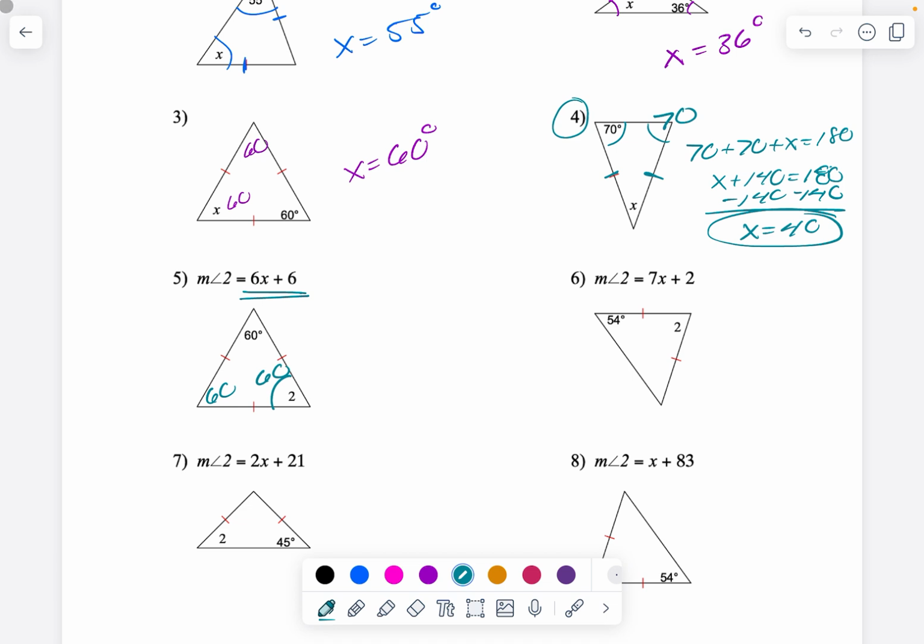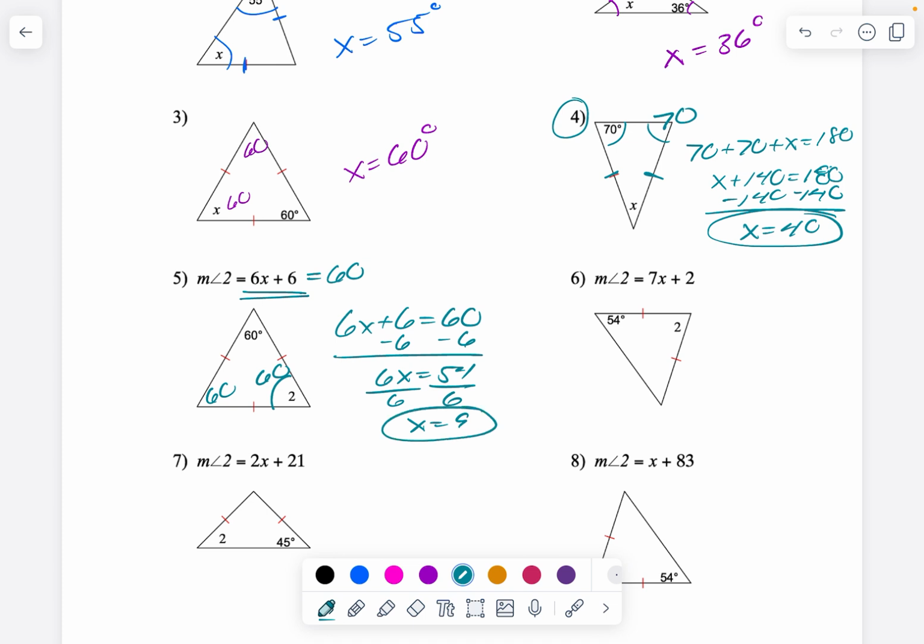So we know that angle 2 is also equal to 60 degrees. So our equation is going to be 6x plus 6 has to equal 60 degrees. Again, using the triangle, we know angle 2 has to be 60 degrees, so we're going to set our equation equal to 60. Now when we solve it, we get x equals 9. Remember, in these cases, when we're solving an equation like this, x could be negative as well.